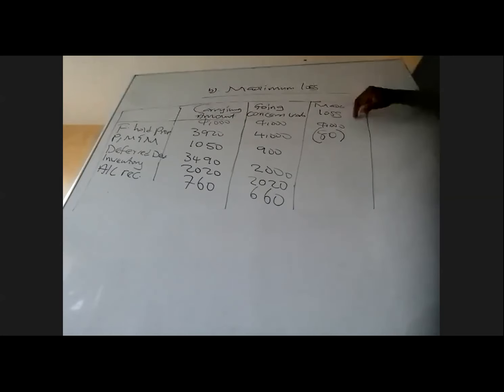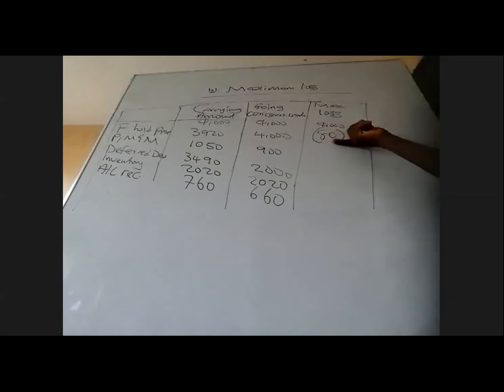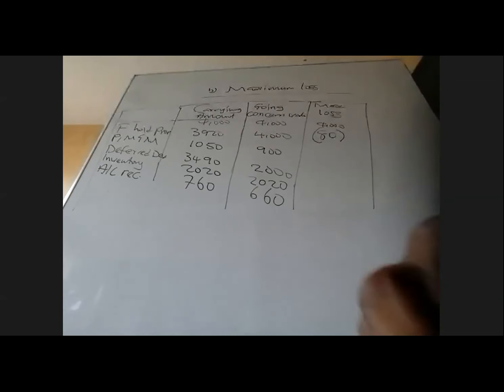Because maximum loss is the subject, any loss should be positive. Any gain, you use to offset the loss. So the gains are negative because you are not calculating positive gain. Good, so take note.